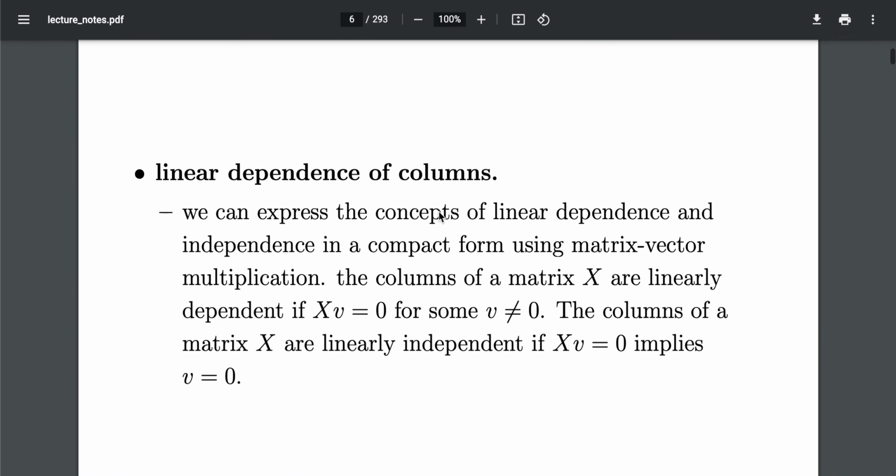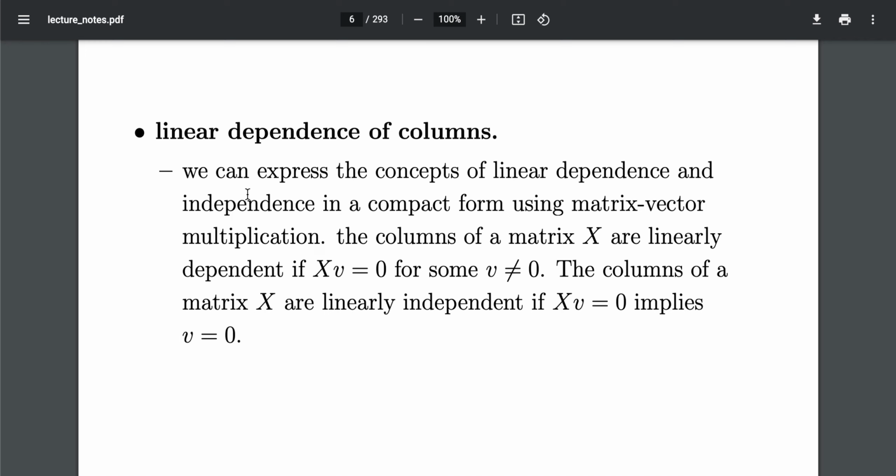Okay, so this is the last thing I wanted to say. If the columns of X are linearly dependent, then we have some non-zero vector v that we can apply X to, that is, calculate Xv, and get 0.